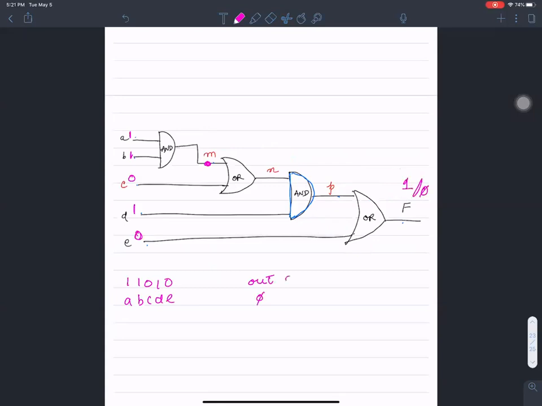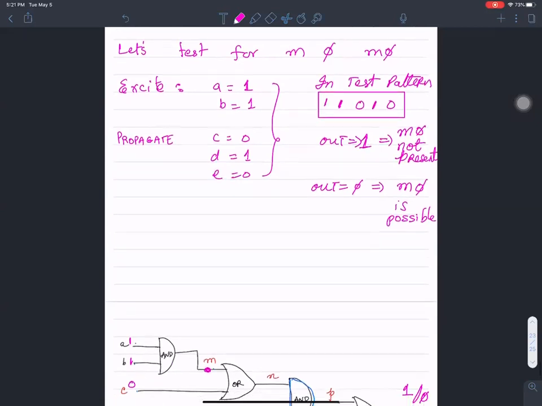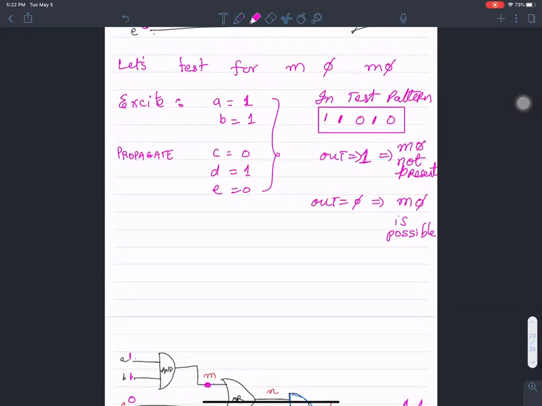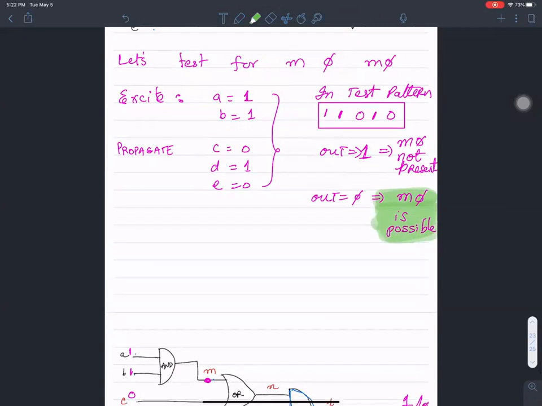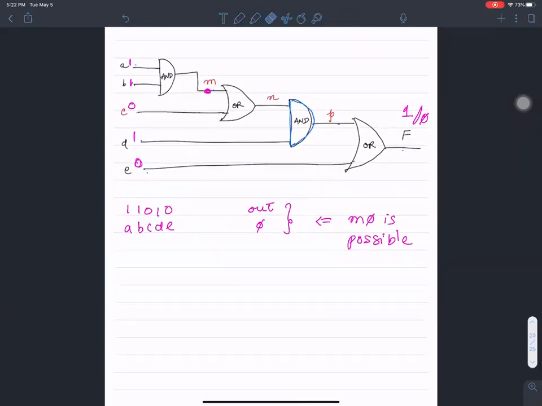and I mentioned that this could lead me to believe that M0 is possible. You have to pay attention to the fact that I was careful in mentioning that M0 is possible. I don't know for a fact. It could very well be that simply F is stuck at 0.